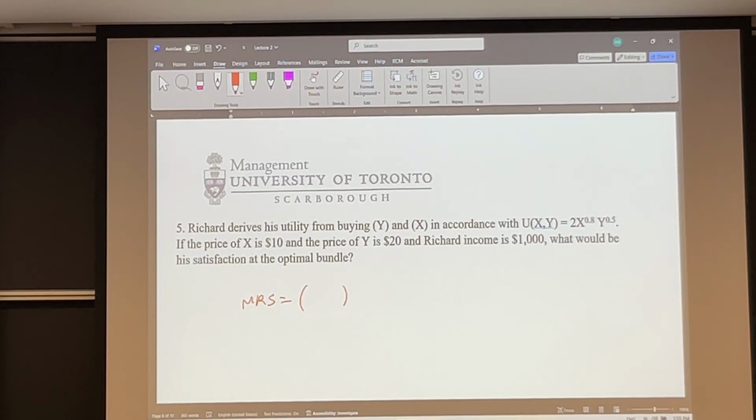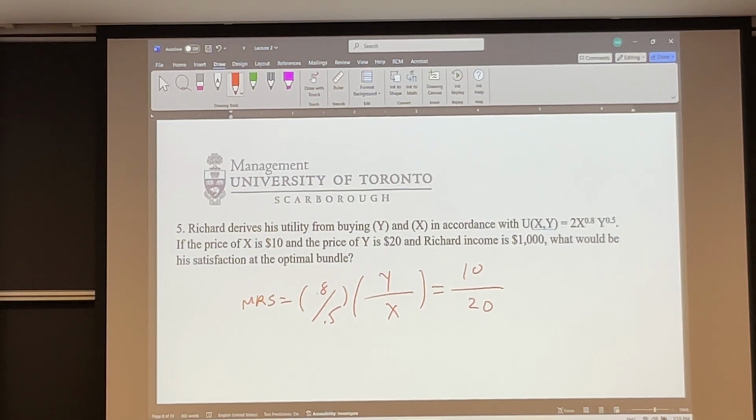What is alpha? Alpha is 0.8. Beta is 0.5. That's y over x. That should be equal to the relative price. What's the relative price? 10, 20.